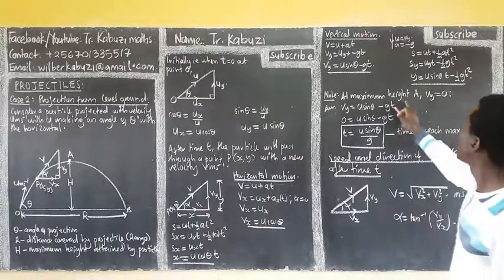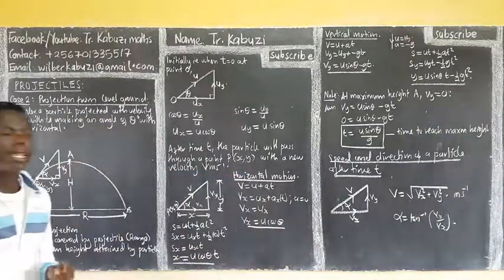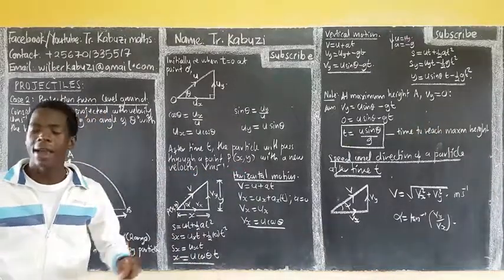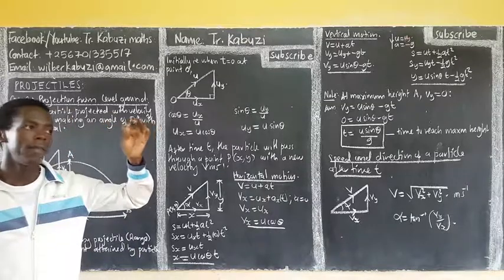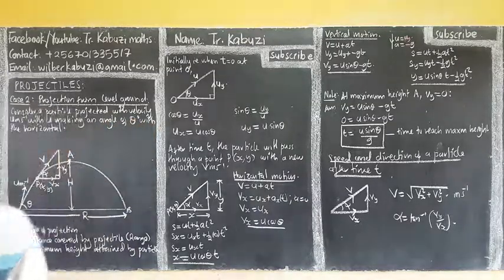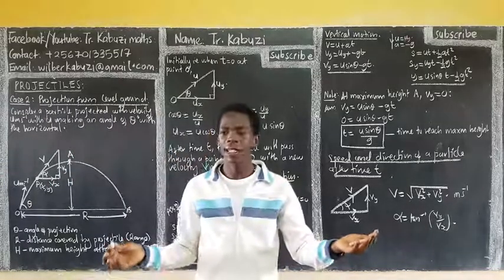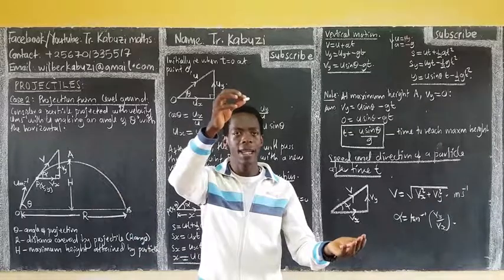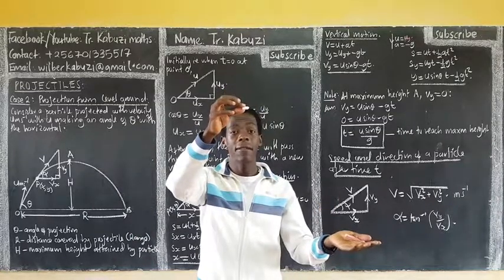Now, at maximum height H, the moment it's at maximum height, before you turn, maximum height means that's the highest you can go. From there, then you will fall. Look at this, when this thing is coming up to this height, which is maximum height, now at this height, before it turns to fall, there we say that velocity is 0.